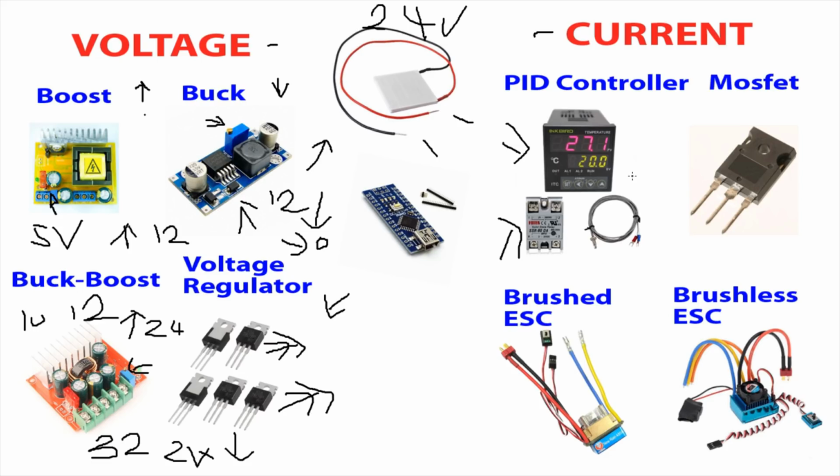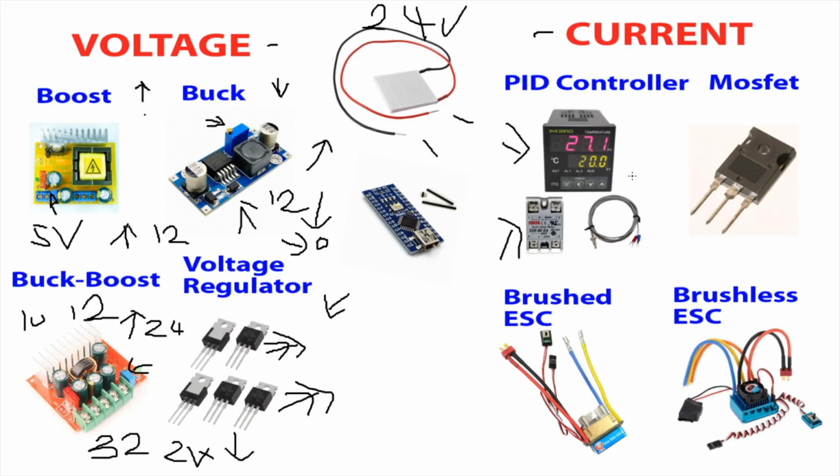There may be some PID controllers which are not going to be covered by this generalization, but in general you set a temperature of, say, the TEC coming on at 27.1 and turning off at, say, 25 degrees. Now that difference in temperature will result in quite a delay between when the TEC is on and when the TEC is off.